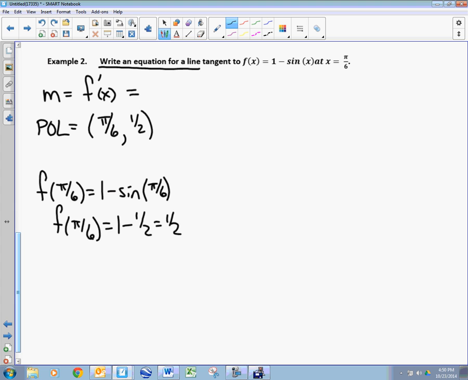F prime of x is equal to, the derivative of 1 is 0, and the derivative of negative sine is going to be negative cosine of x. So the slope will be negative cosine evaluated at pi over 6. The cosine of pi over 6 is the square root of 3 over 2, so negative root of 3 over 2.